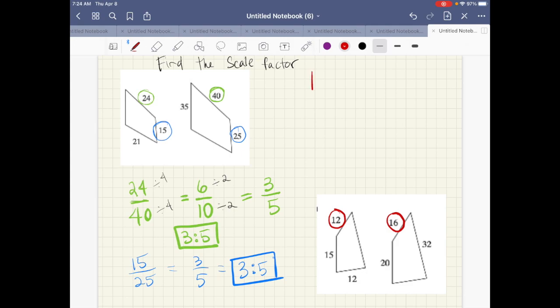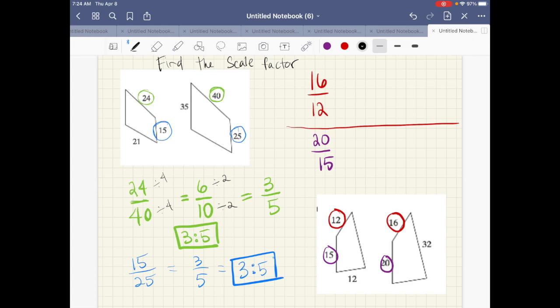So that's the ratio I'm going to write down. 16 to 12. And we could have just as easily picked these ones here, 15 to 20. And we'll do them both, and I'll just show you that it really doesn't matter.